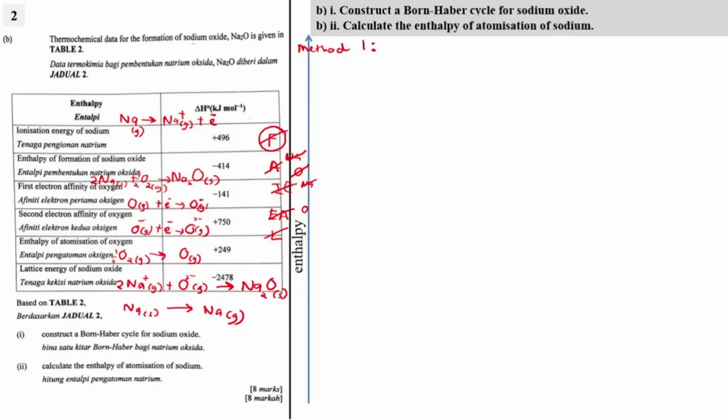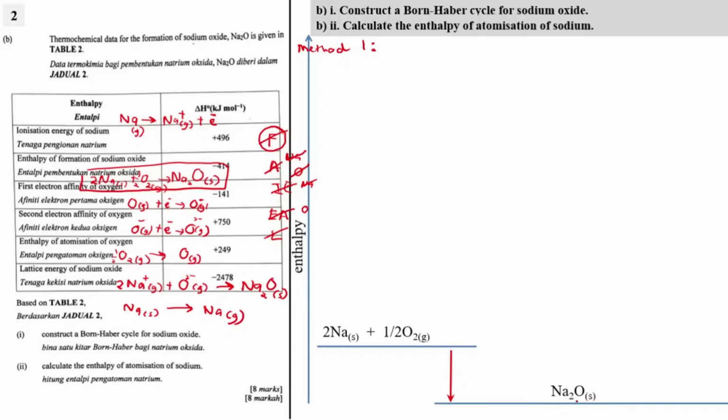So our formation, which is here, you just write back your 2Na solid plus half oxygen gas will produce Na2O solid. Because it is negative in value, you're going to go down in order to produce your Na2O solid. So we have done our enthalpy of formation for the Na2O solid, and this is going to give the value of negative 414.